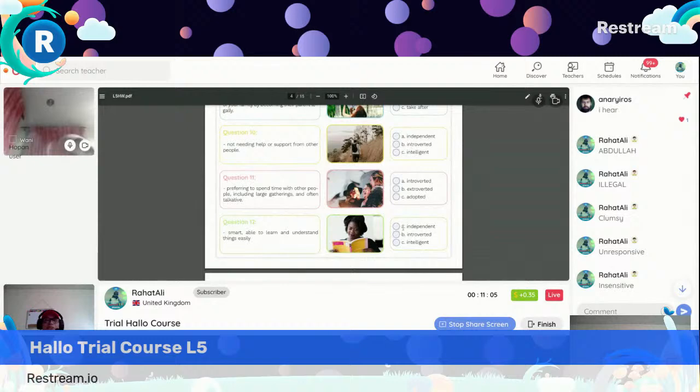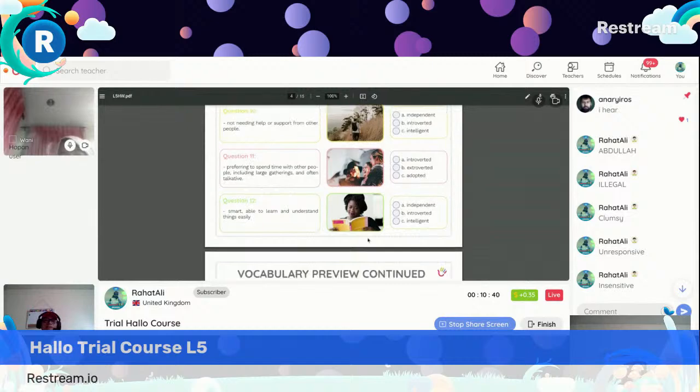Preferring to spend time with other people, including large gatherings, and often talkative. Extrovert. Extroverted. It could be used both ways, extrovert or extroverted. Like he's an extrovert or he's an extroverted person, for example. Similarly, introverted.